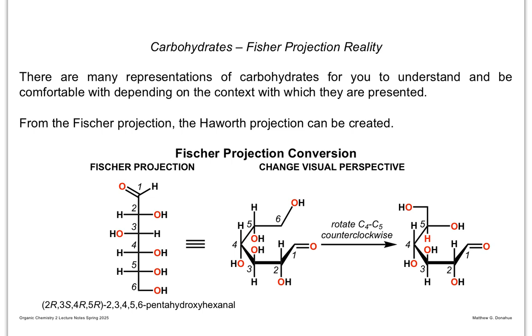So here's our Fischer projection. At this point, we've talked about the vertical, up and down carbon backbone. Where the horizontal line crosses, that's typically a stereocenter, and those groups are coming out towards you. This is what I meant about misinterpreting what this line means.